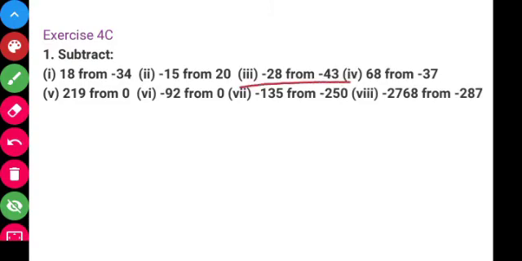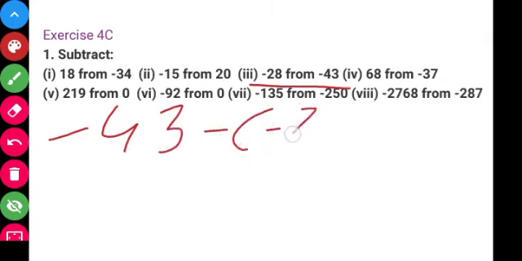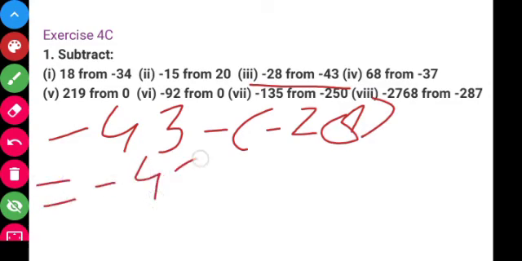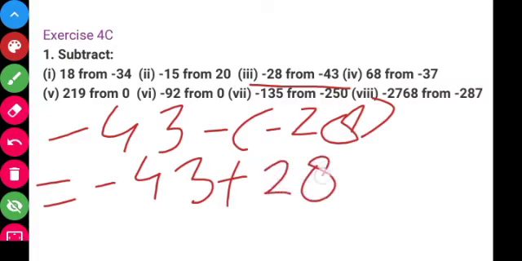The third part is given: minus 28 from minus 43. So minus 43 minus minus 28. Okay, so this will be minus 43 plus 28. Why?